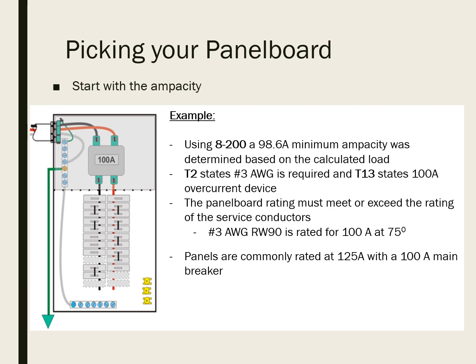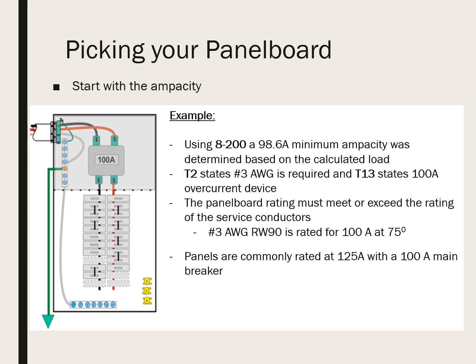When we start to pick our panel board, the first thing we want to do is start with the ampacities. We need to know what the ampacities are that we found in 8200. And let's do an example. In our example, we have a panel that has a 98.6 amp calculated ampacity. According to table 2, we need to use a number 3 gauge copper conductor that's rated at 100 amps at 75 degrees.